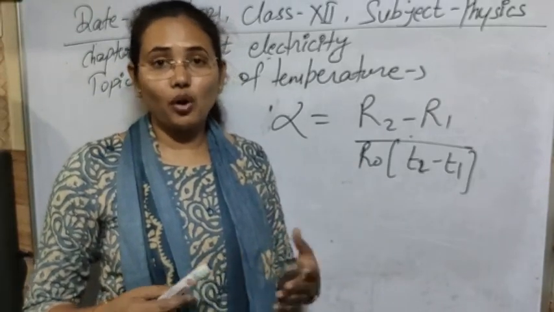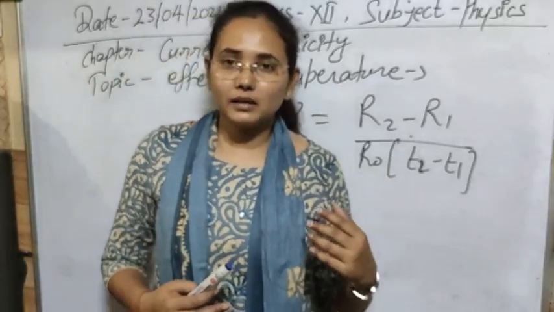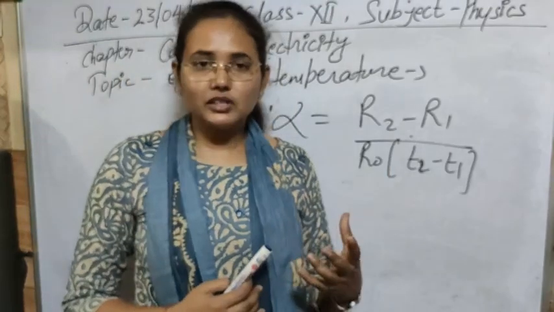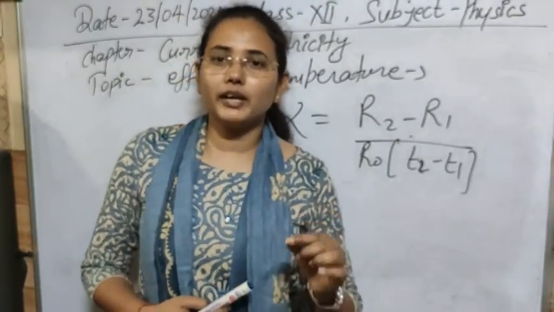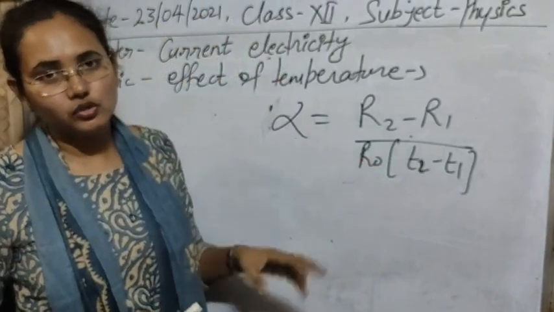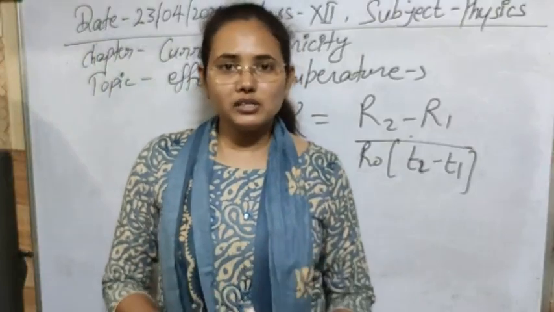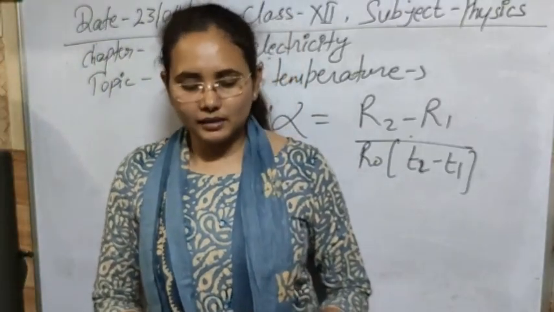So for several kelvin of change in temperature, it changes very little, because the temperature coefficient is also very small. This is the second advantage of using these alloys to make a standard resistor.